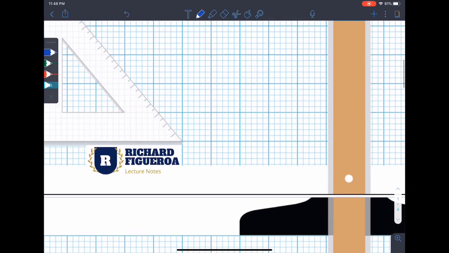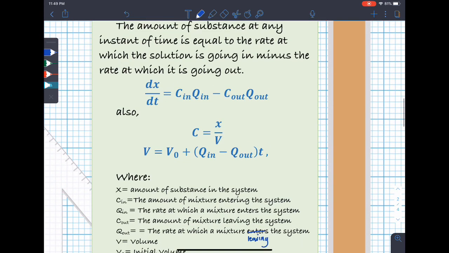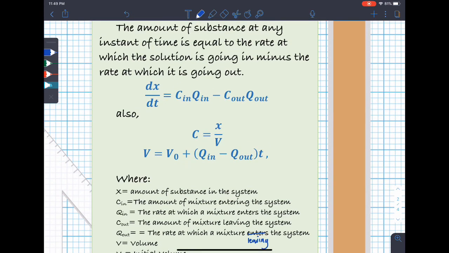To start with, the working relation that we use for mixture problems states that the rate of change of the amount of substance at any instant of time is equal to the rate at which the solution is going in, minus the rate at which it is going out. As you can see here, x corresponds to the amount of the substance at any instant of time.